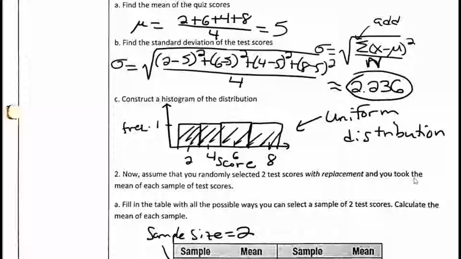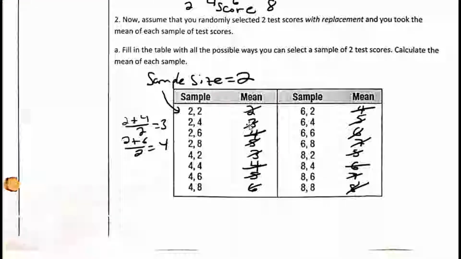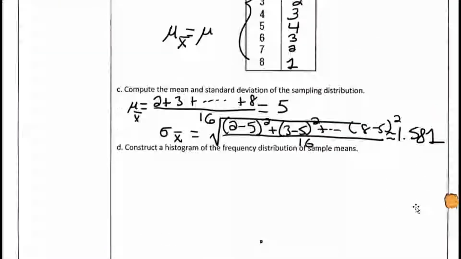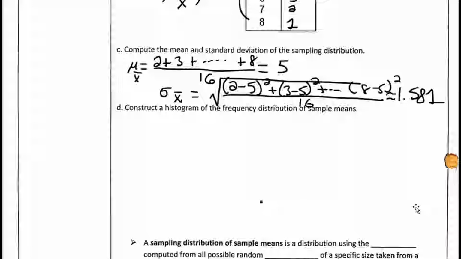So it got smaller. If you were to do the distribution of sample means and find the standard deviation of that, you will always get a smaller number. How much smaller? Well, I'll do it on the side here. The formula for that is it'll be smaller by the original standard deviation divided by the square root of your sample size.